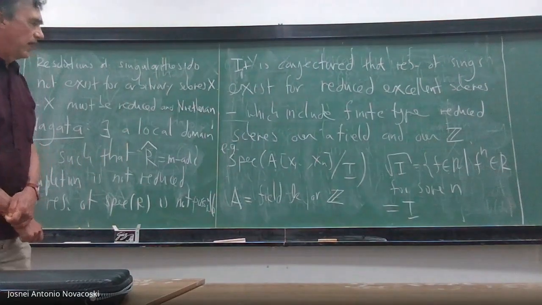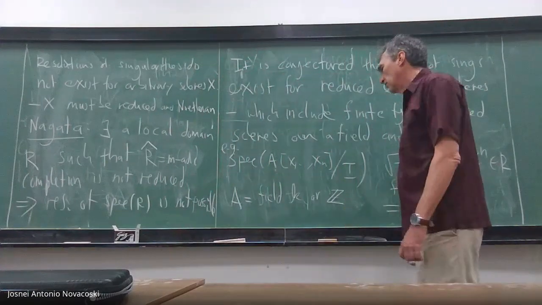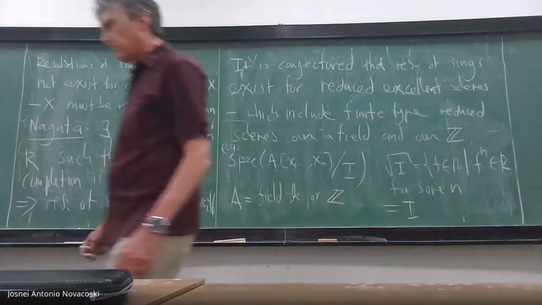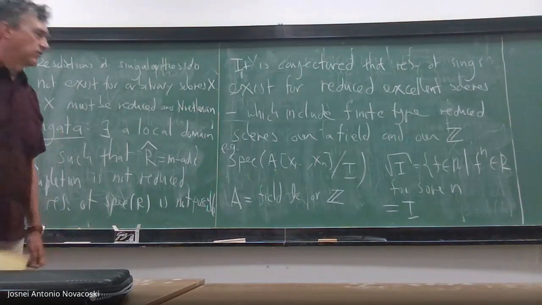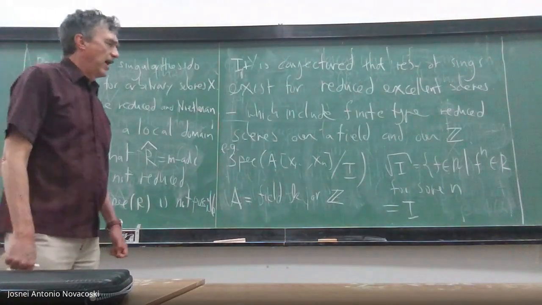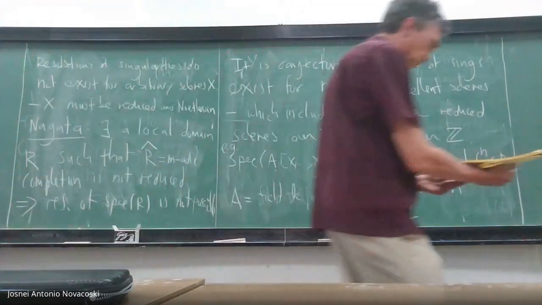You have to be a little careful about defining these things, but always the local rings of points on analytic spaces are Noetherian and excellent. So one can do this.